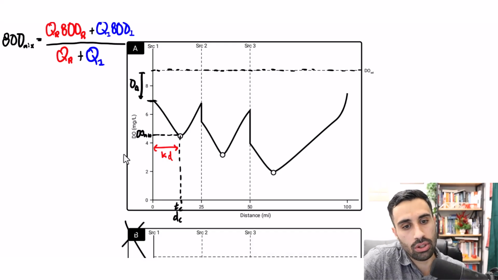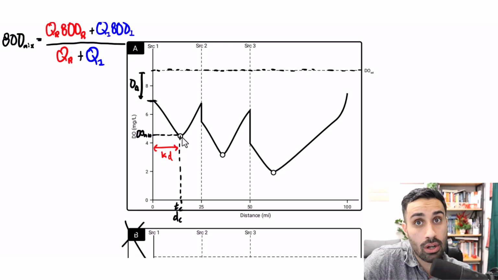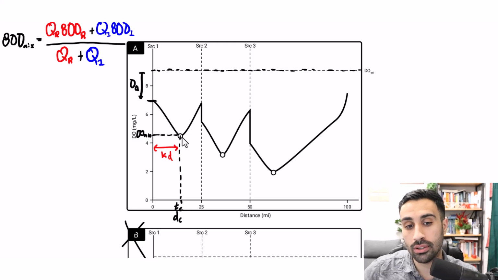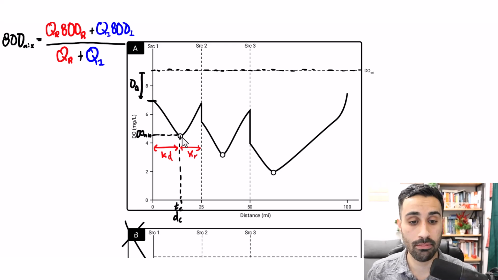So it gets recharged after that minimum point. It recovers. Keyword recovery. That recovery occurs due to what? That will be the KR term. Reaeration of oxygen from the atmosphere.